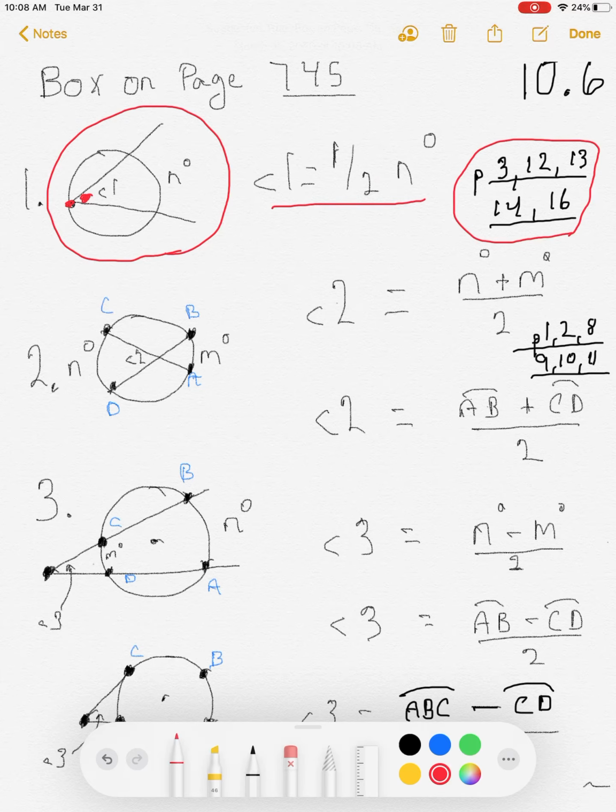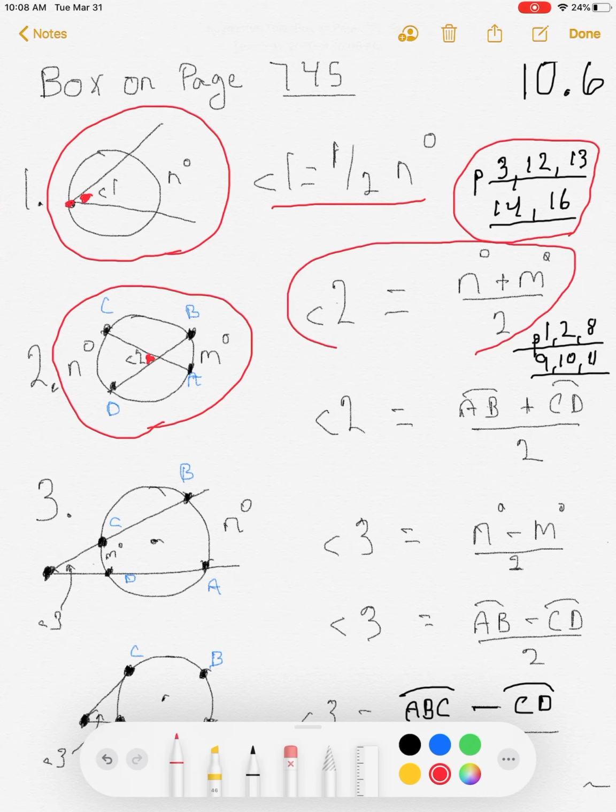The next law we had was dealing with lines that intersect inside of the circle. In that case, the angle labeled 2, angle 2 in this corner, is going to be the sum of the arcs whose measure is n and m, n plus m divided by 2.